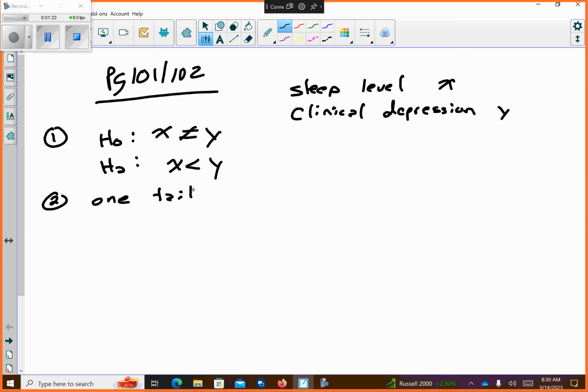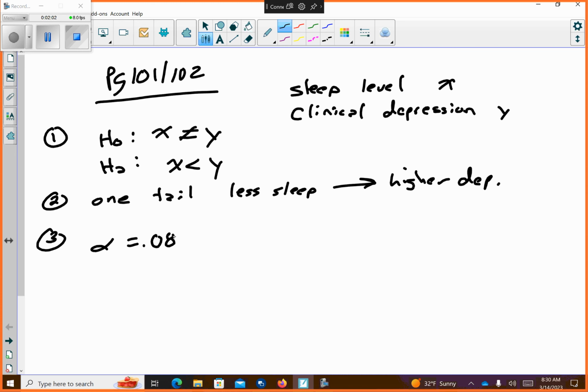We're looking at them saying less sleep leads to higher depression. If they just said something like sleep level changes the level of depression, so we don't know if it's higher or lower, then that would be a two-tail.